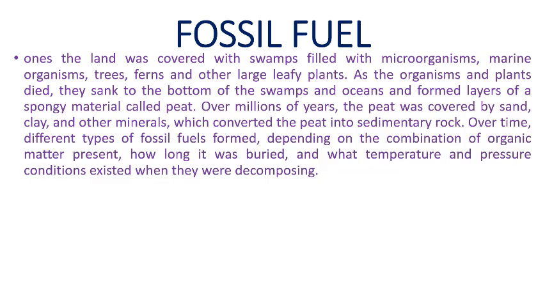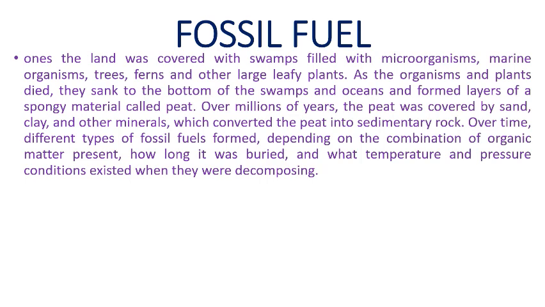Once the land was covered with swamps filled with microorganisms, marine organisms, trees, ferns and other large leaf plants. As the organisms and plants died, they sank to the bottom of the swamps and ocean and formed layers of spongy material called peat.